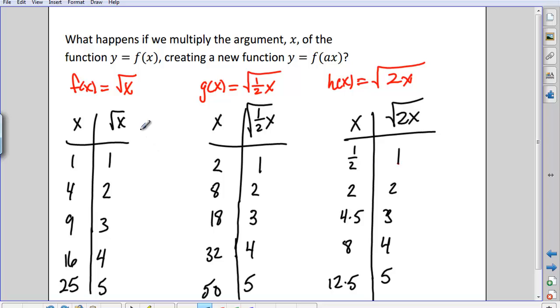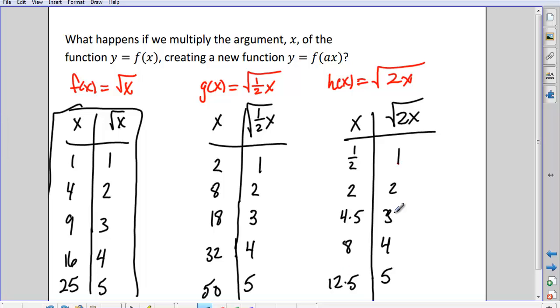If you'll compare that to this original table, here I doubled the x value, and didn't it double from here to here? So starting with this square root function, if you double the x, make it the square root of 2x, to get the same y values, you've got to cut all your x values in half. Okay?